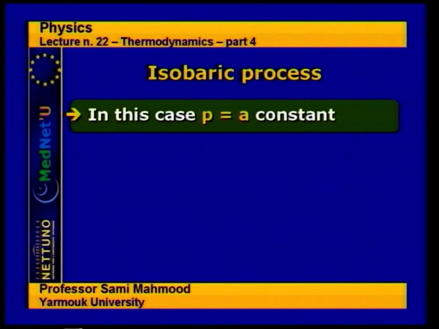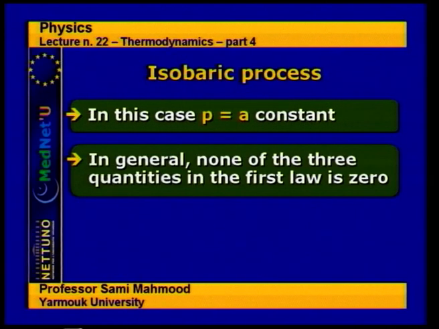In this case, the pressure of the system P is a constant, and in this process, in general, none of the three quantities in the first law of thermodynamics, which are the change in the internal energy, the heat, and the work, none of them is in general zero.